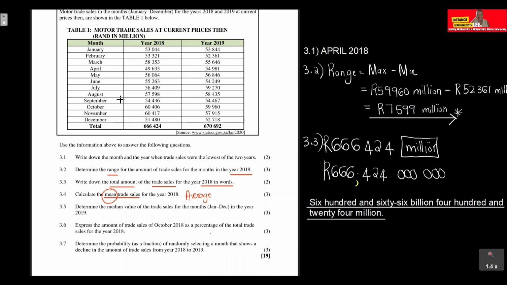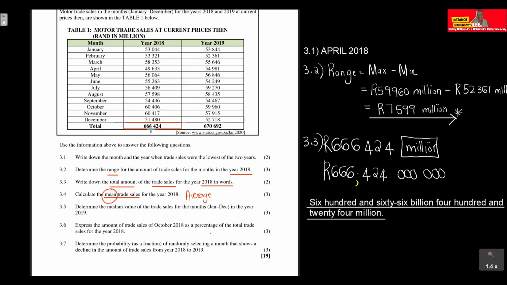The total trade sales for the year 2018 was 666 billion 424 million. However, we're not going to write it out like that when calculating our average, just so that we maintain accuracy and don't make silly mistakes.